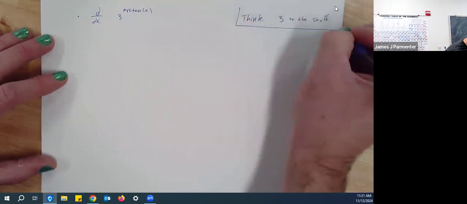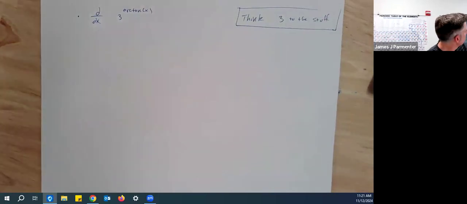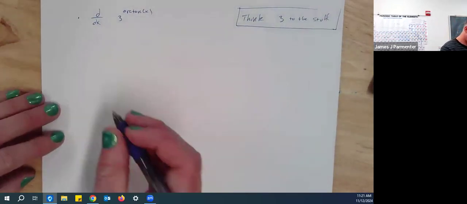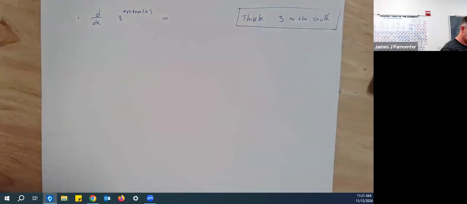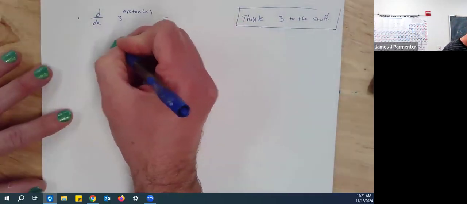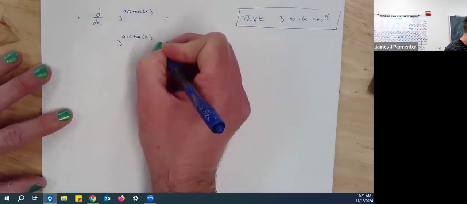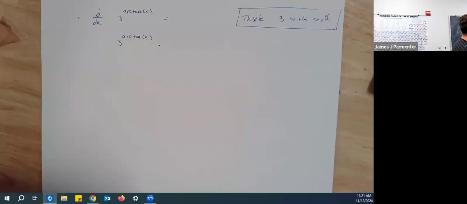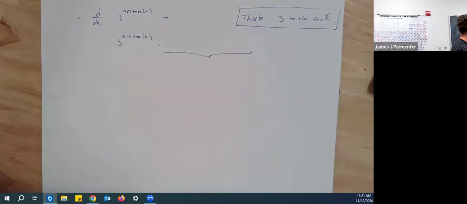So I'm thinking I've got 3 to the stuff. All right. Derivative of 3 to the stuff is 3 to the stuff times.